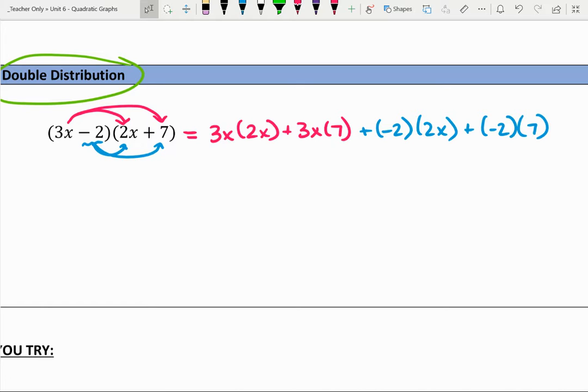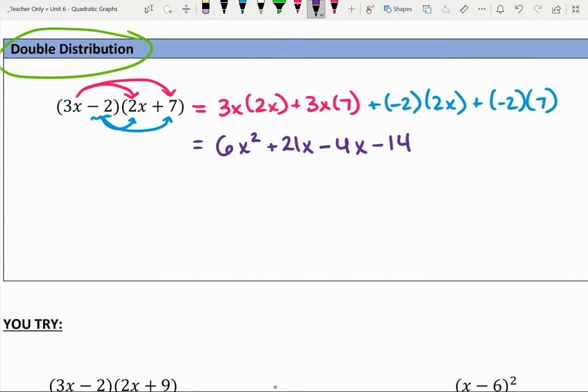So just like before, we've distributed. Now we need to simplify a little bit. So 3x times 2x makes 6x squared. 3x times 7 makes 21x. -2 times 2x makes -4x. And last but not least, -2 times 7 makes that -14.